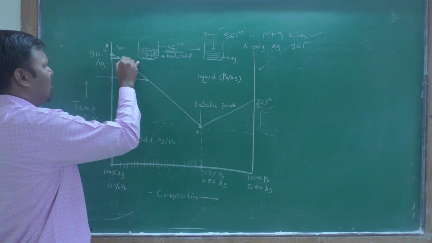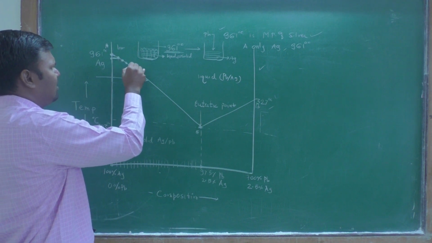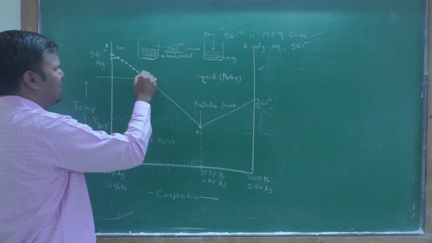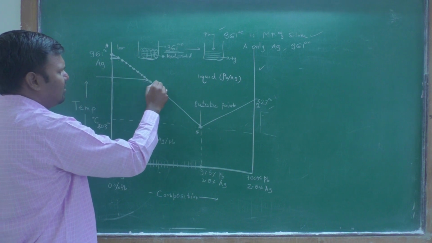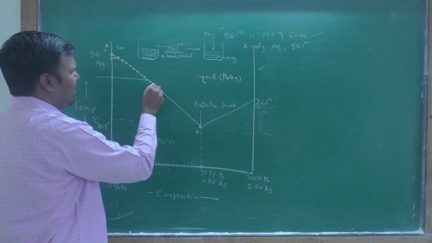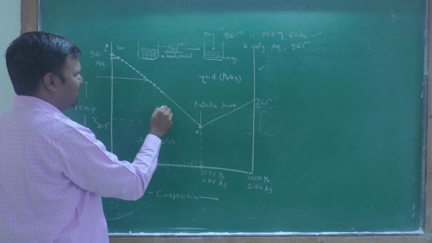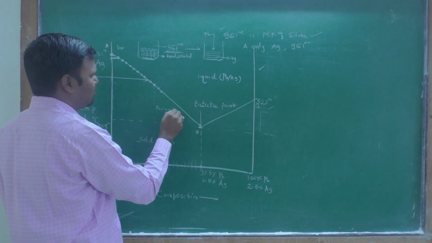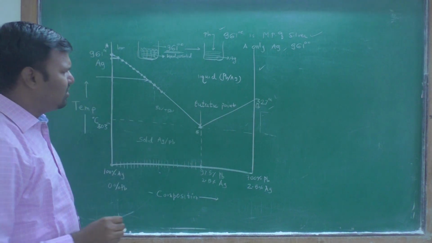When you add the Pb at every point, at one point you obtain 50% Pb and 50% Ag.